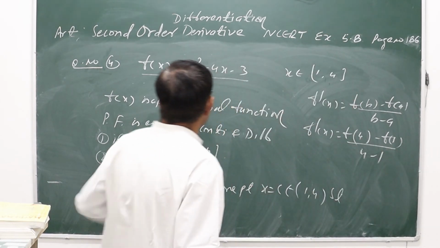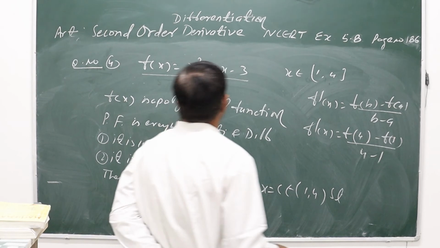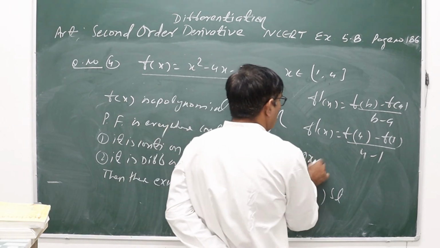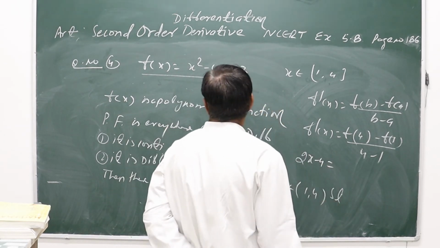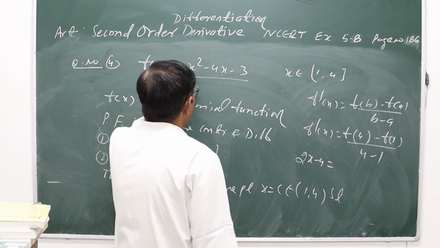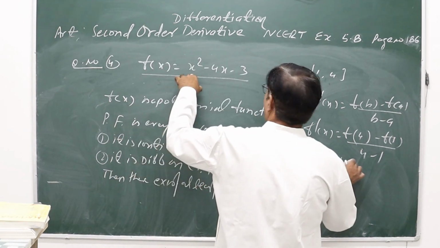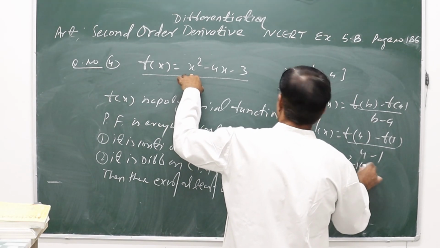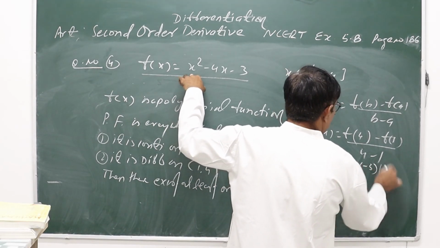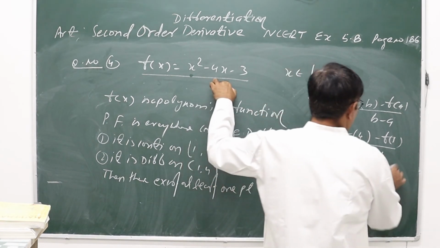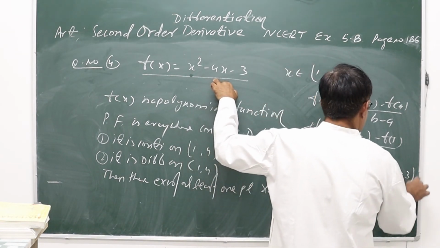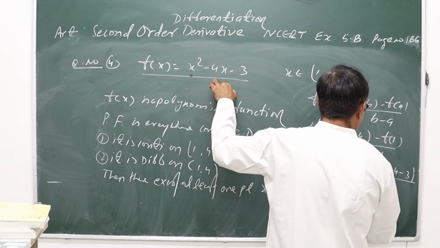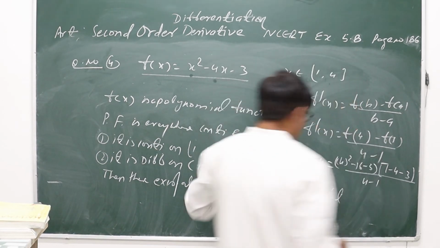Here the function is x square minus 4x minus 3. So the first derivative will be 2x minus 4, equal to f(4), where we put 4 for x: (4 square minus 16 minus 3) minus (1 square minus 4 minus 3), whole upon 4 minus 1, that is 3.